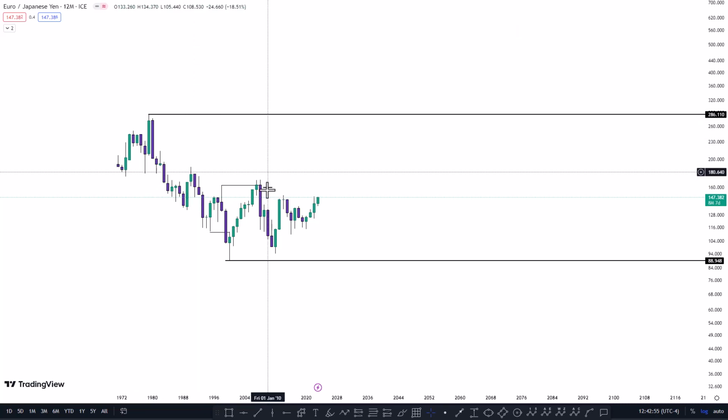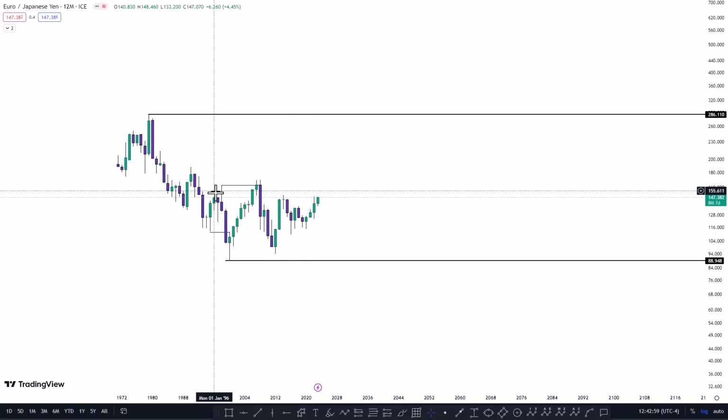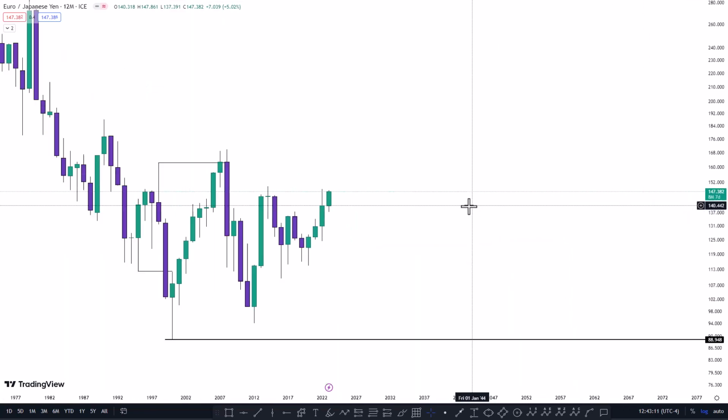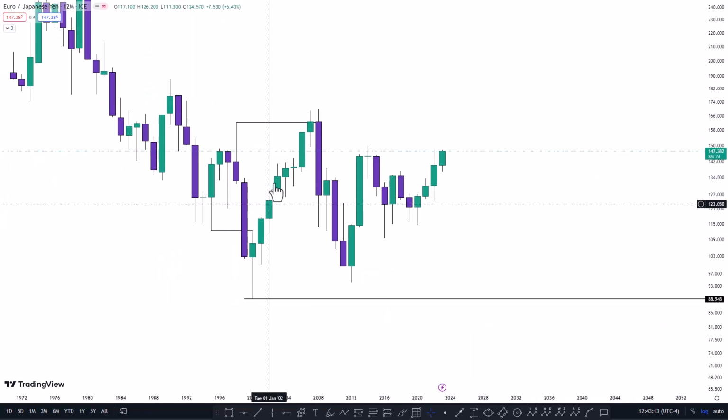As you can see, this pair is now bullish because our recent break of structure is here. This was supposed to be a bearish range, but the bearish range is now taken. As you can see, it was taken on the high. So after being taken, we are now bullish.